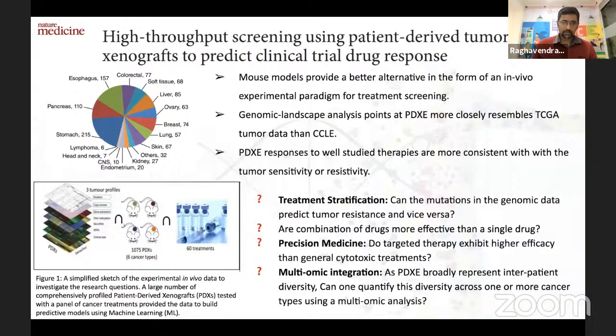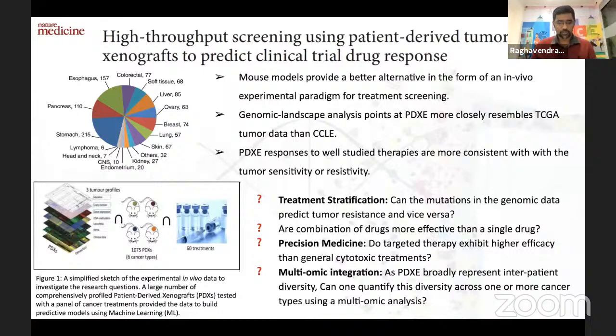Then these tumor cells are grafted into immunosuppressant mouse, and these mouse were administered different sets of treatment regimes, and the tumor's response to these treatment regimes was studied. Such immunosuppressant mouse which got administered with tumor grafts are known as patient-derived xenografts.